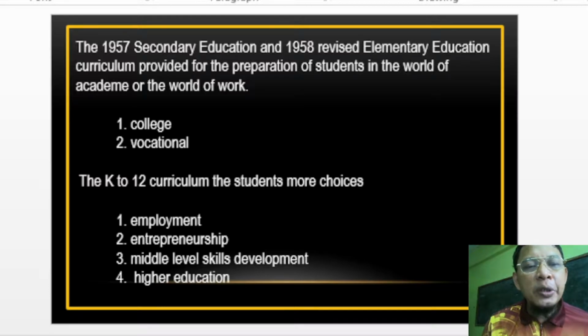So entrepreneurship, middle-level skills development, and higher education. Usually they still go to higher education, the senior high school graduates.